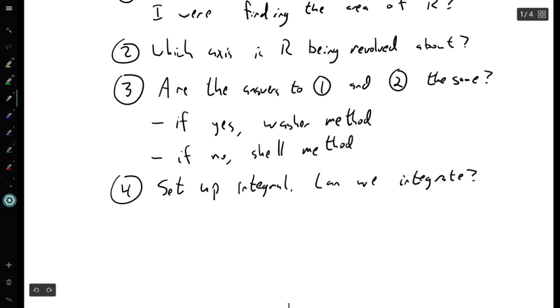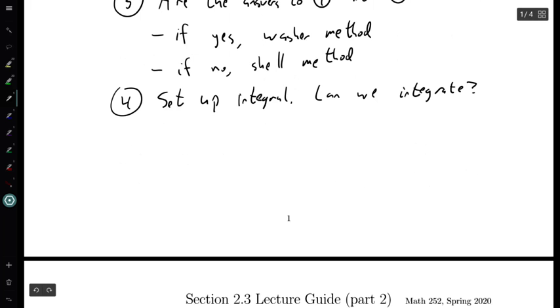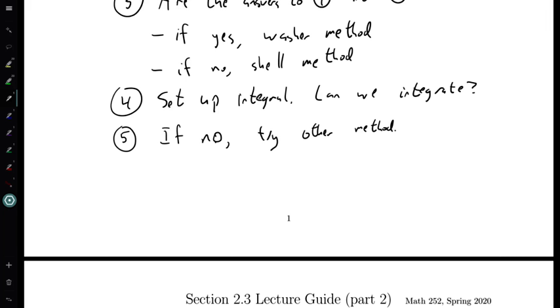Because the answer is not always going to be yes, as we'll see later on. So the follow-up to this is, if we can't integrate, try the other method. Might be a little bit messier, but at least maybe we'll have a shot at integrating this new function that we're going to get.